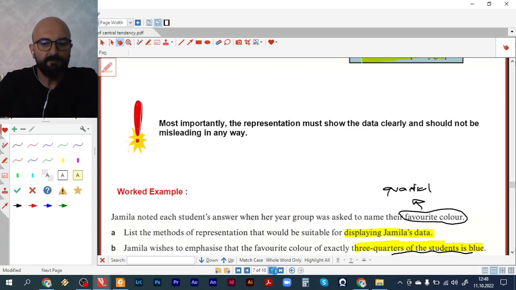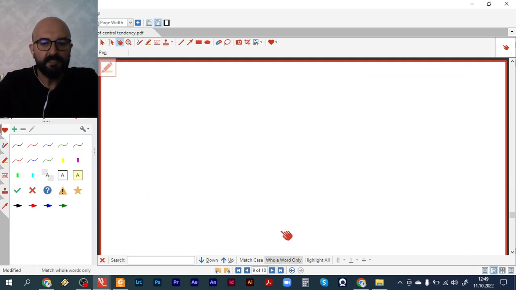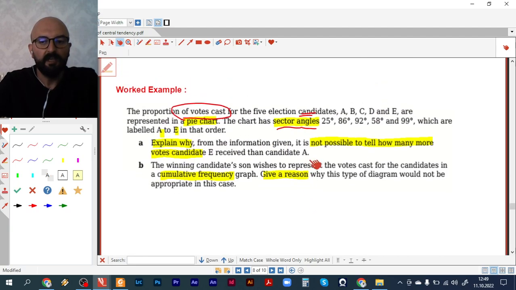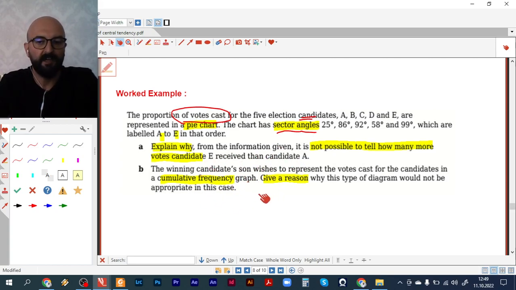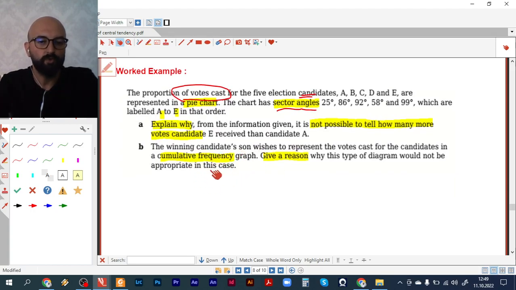But if you look at this question, your values are not grouped and not quantitative data. For the reason of the data not being quantitative, we don't draw any cumulative frequency related to this situation.